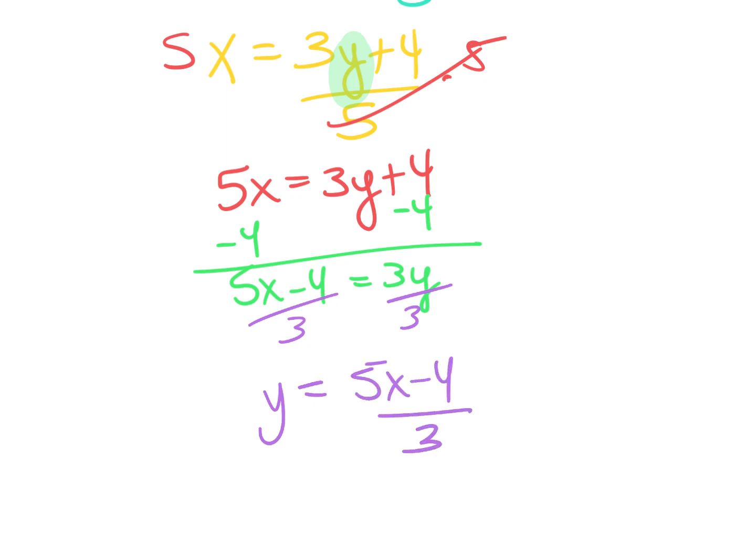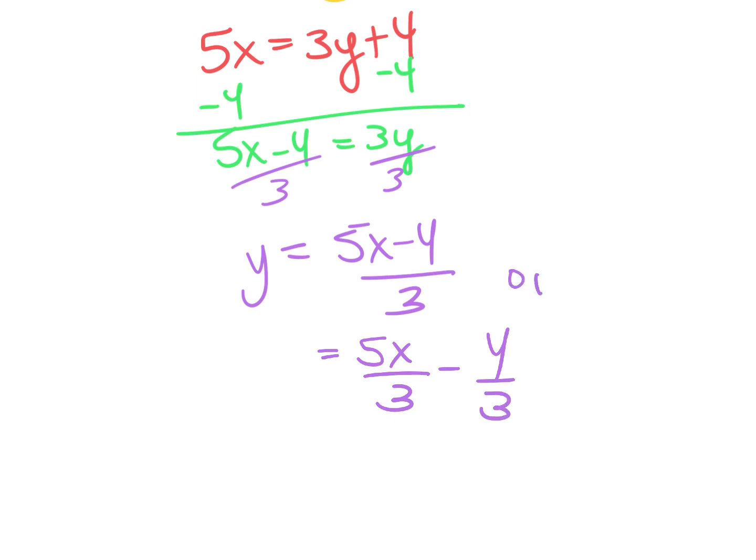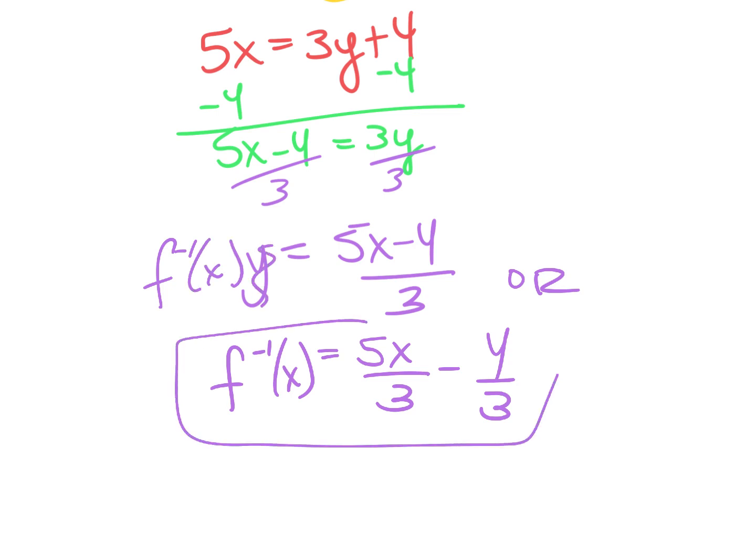You're welcome to leave it like that. If you don't want to leave it like that, then you can separate it. 5x over 3 minus 4 over 3. That's fine as well. But what notation needs to go in the front of your answer? F negative 1. Either way that you leave your answer, you need to have f negative 1 of x. Because that says, hey, here's the inverse.